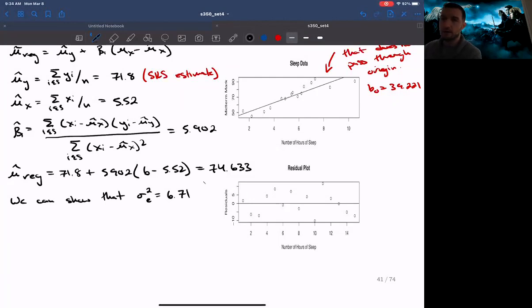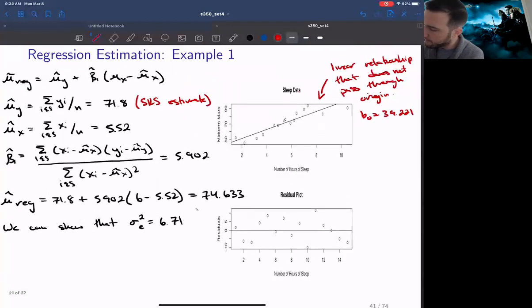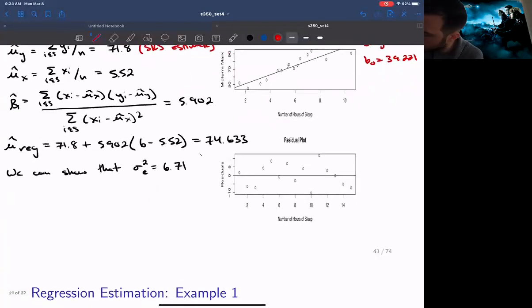And this is going to be done using what we just derived at the end of that proof. So this is going to be done by taking essentially the variance of the residual terms for the regression line. So this thing here is the same as the MSE.